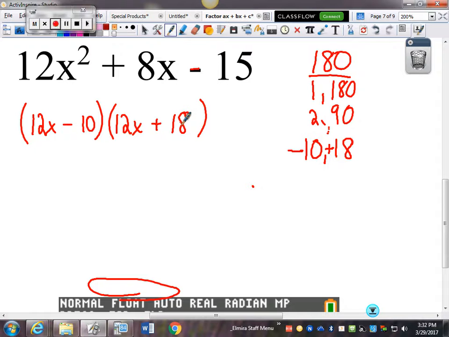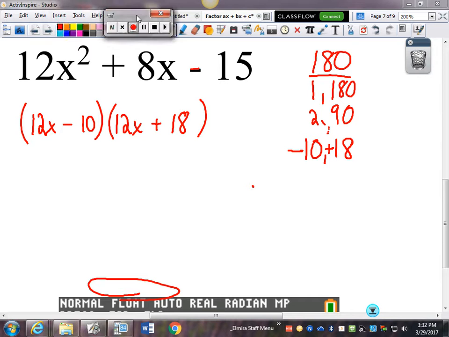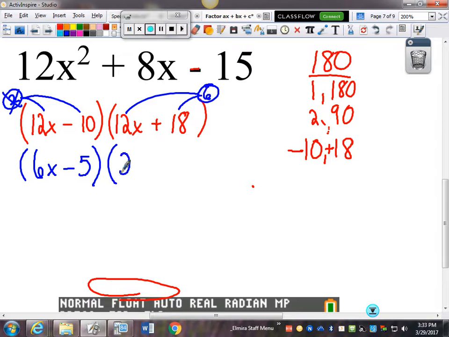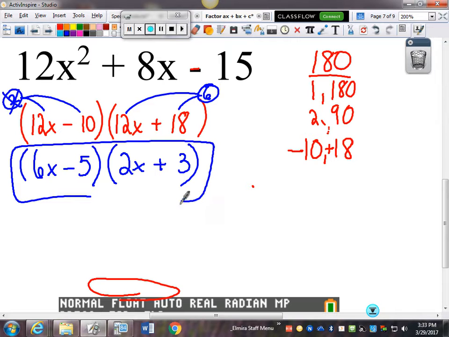So for example, this first one, 12 and 10 both factor out a 2. And when this factors out, it's gone. And I get 6x minus 5. 12 and 18 both factor out a 6. And I get 2x plus 3. And then this would be my final answer.